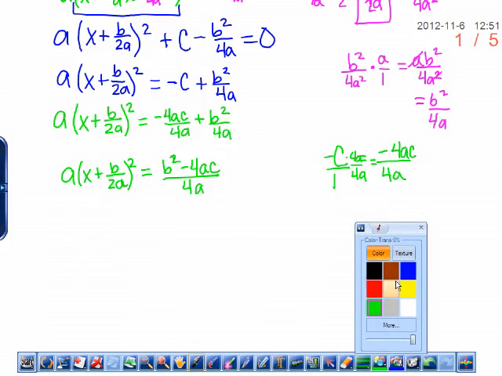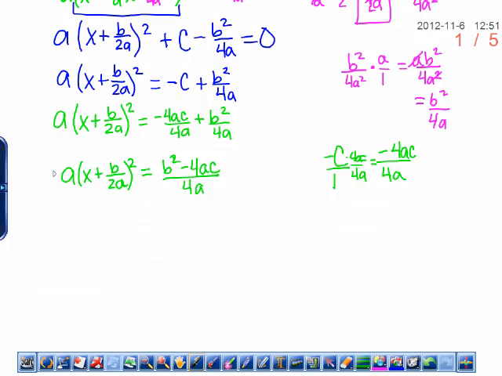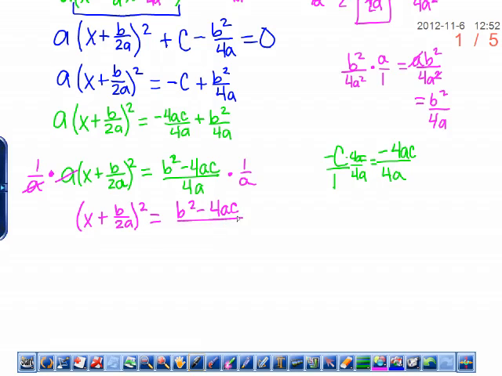What's another way I could think of dividing by a? Multiply by 1 over a. Okay, so this a and this a cancel. So I have x plus b over 2a squared equals, multiply your top, b squared minus 4ac over, what's 4a times a? 4a squared.